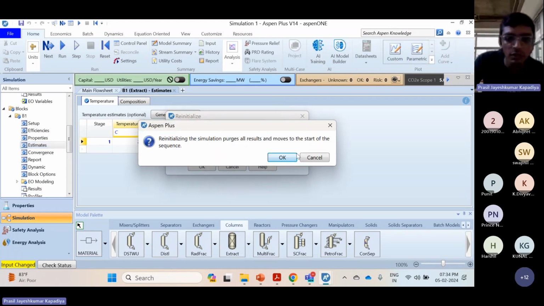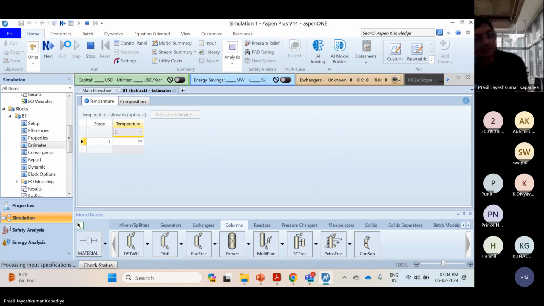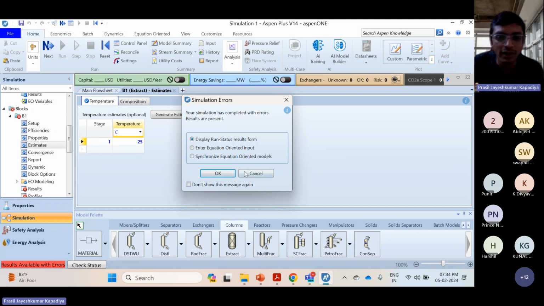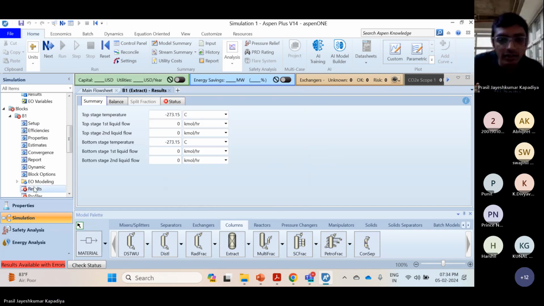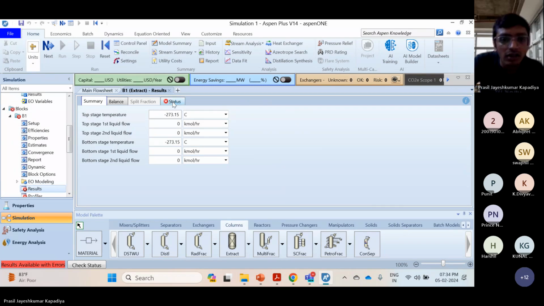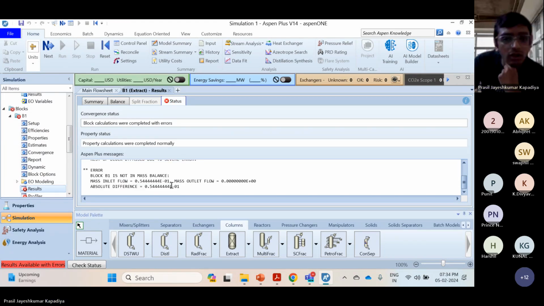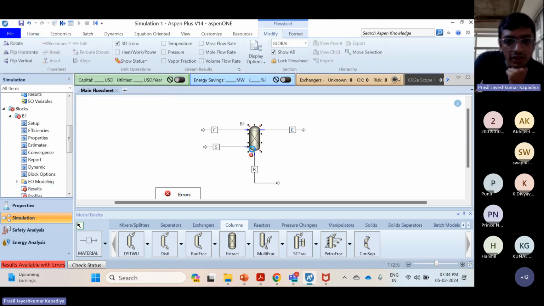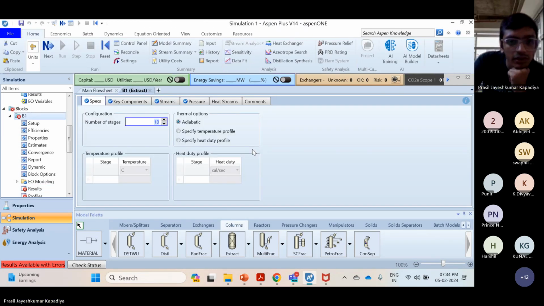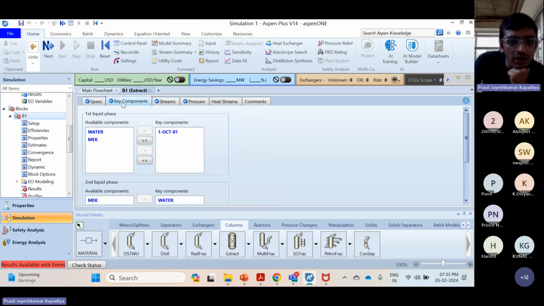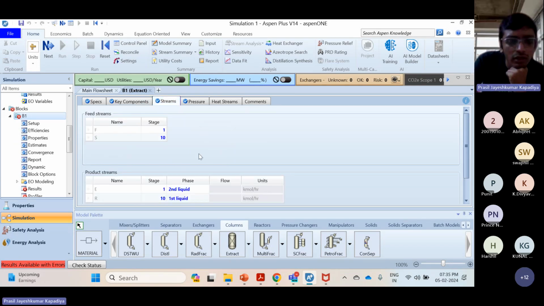Now let's run our simulation. Oh, we are having some errors. Total flow of L2 components log bypassed. Okay, I guess issues are here in temperature and pressure. The components is correct. Water, 10.